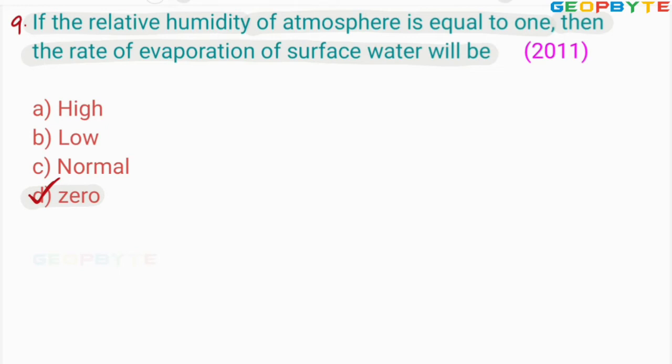Only for saturated air, relative humidity becomes 1. Since the saturated air cannot absorb any water particles, the water from the water source cannot be evaporated when the saturated air is available in that particular region.